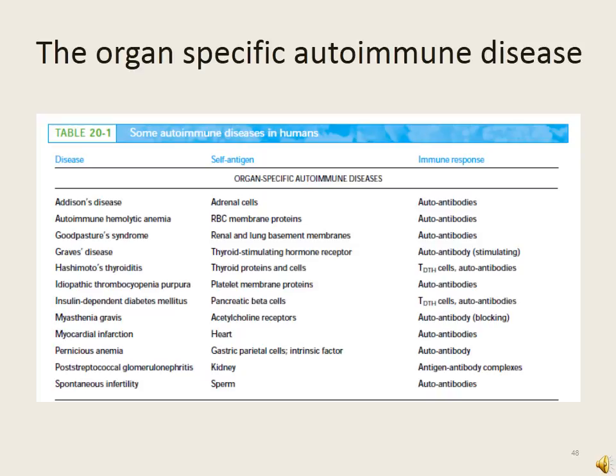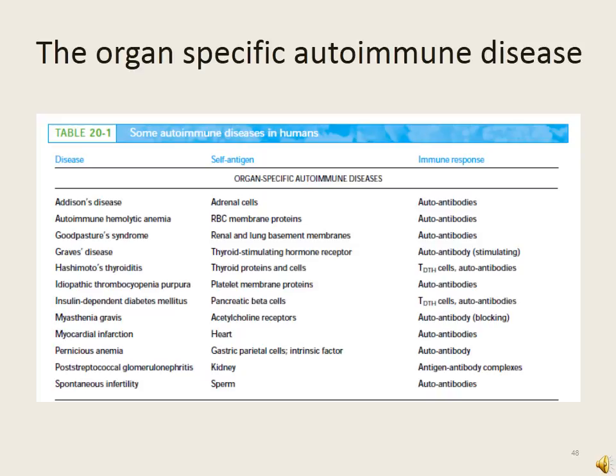There is an autoantibody against the adrenal tissue or adrenal cell. Next, the fourth line, Graves' disease, which is an autoimmune disease caused by autoantibody specific to the thyroid stimulating hormone receptor.